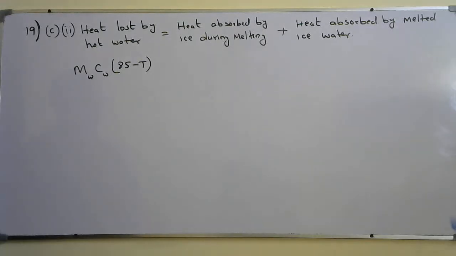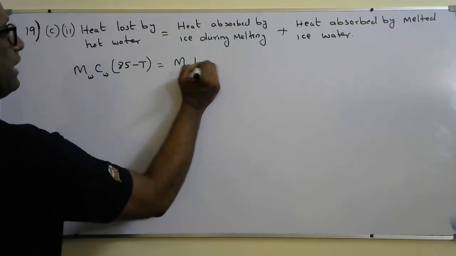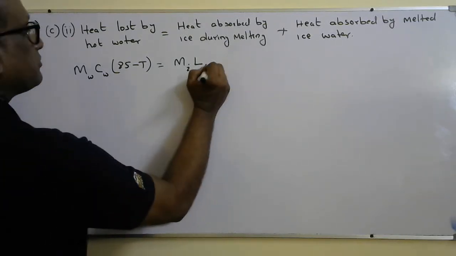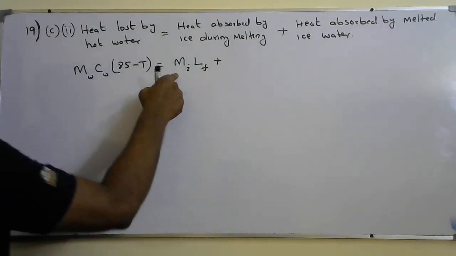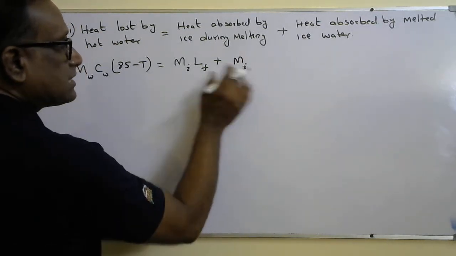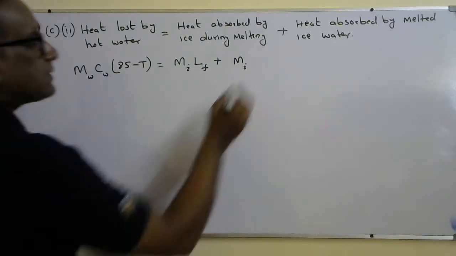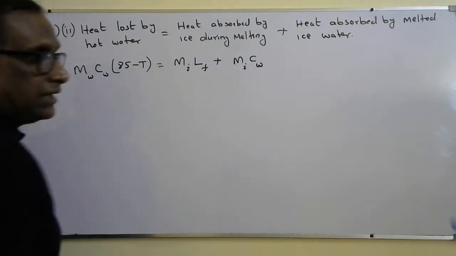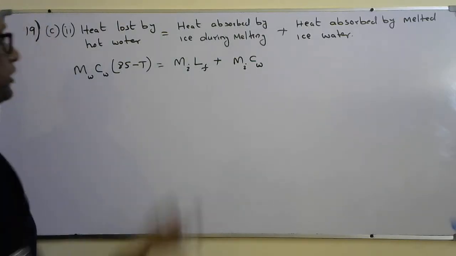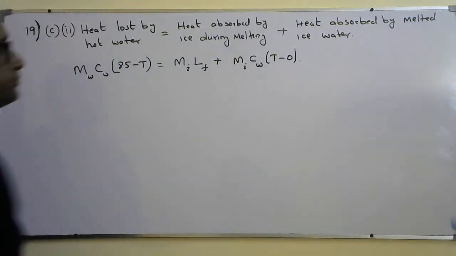Now heat absorbed by the ice during melting, the mass of ice which is melting times latent heat of fusion. Now this ice has become water at 0 degrees Celsius. So m_i, same mass of water, c_w, now at 0 degrees Celsius, going to reach the final temperature T, T minus 0.